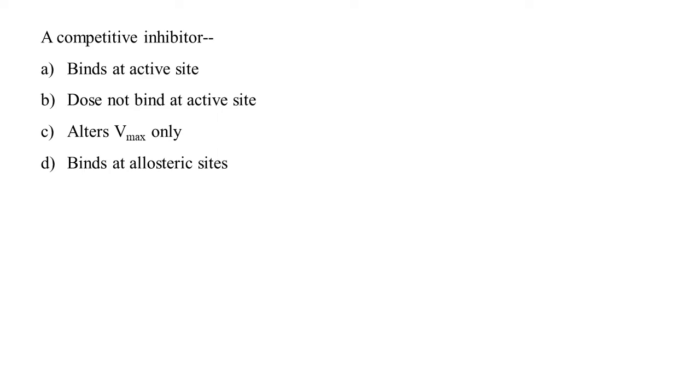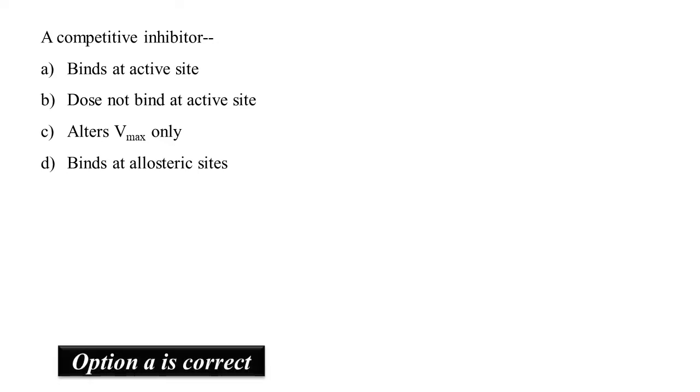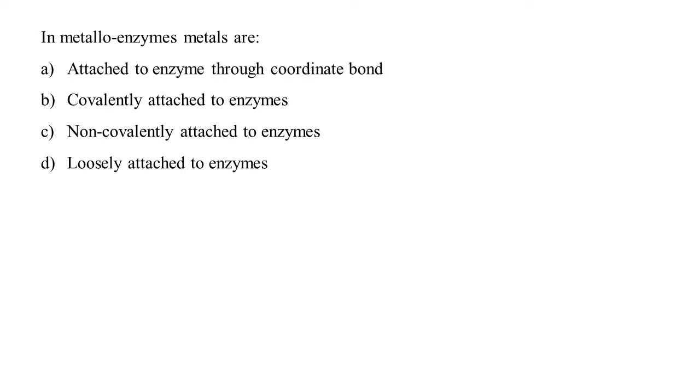A typical competitive inhibitor is an analog of the natural substrate of an enzyme, and that's where it competes for binding at the active site with the natural substrate, because of which the Km value alters while Vmax remains constant. So a competitive inhibitor always binds at the active site and competes with the natural substrate for binding. Hence option A is correct.